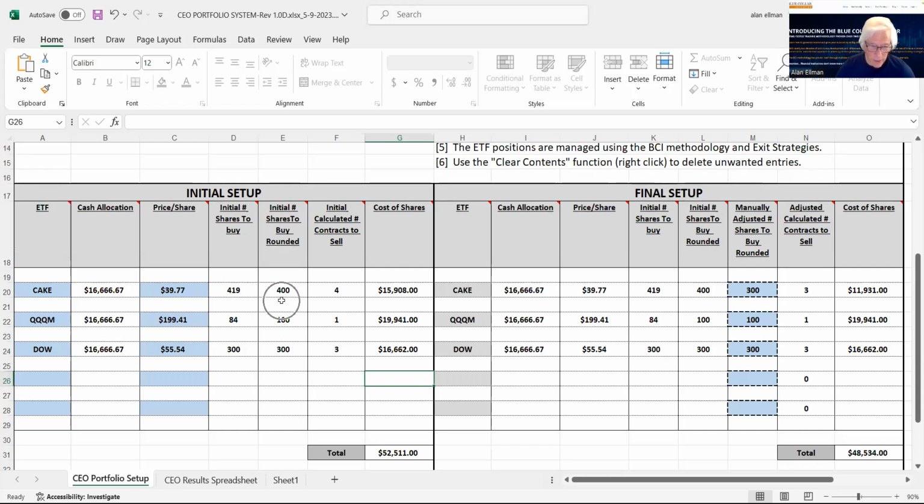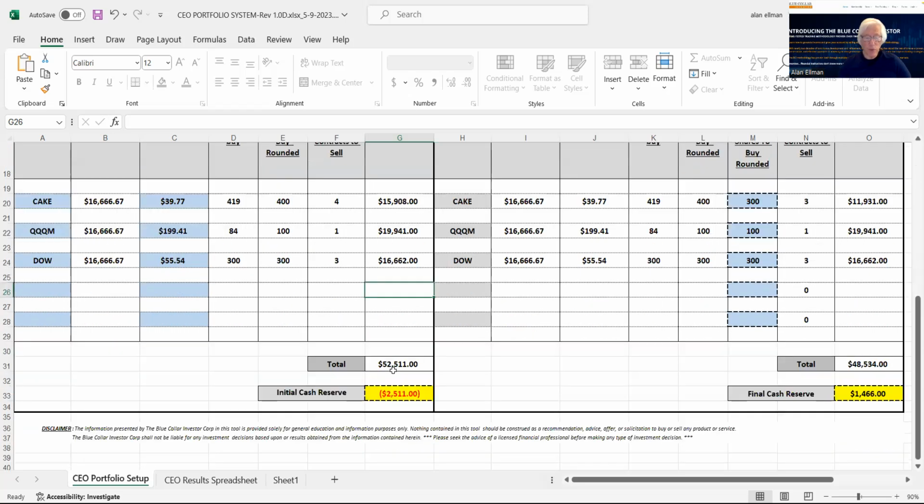So 419 gets rounded down to 400, 84 gets rounded up to 100. 300 is just exact. So based on the rounding, we're going to buy 400 shares of CAKE, 100 shares of QQQM, and 300 shares of Dow, and sell the corresponding number of contracts.